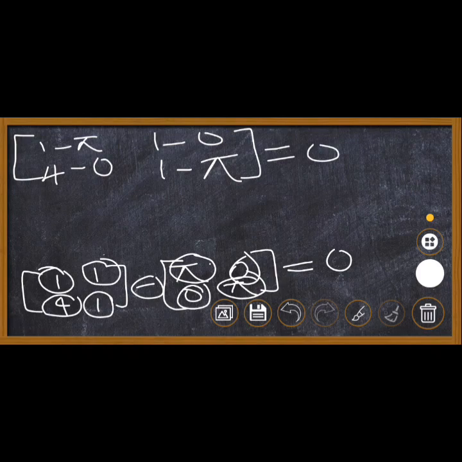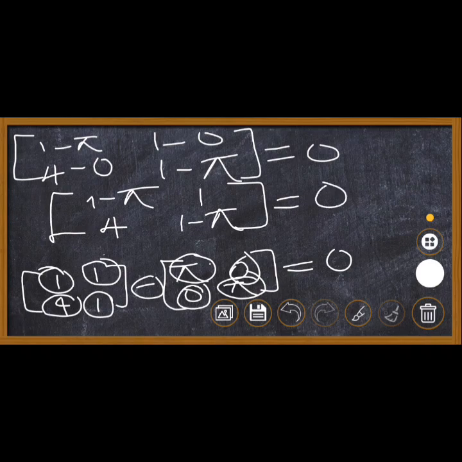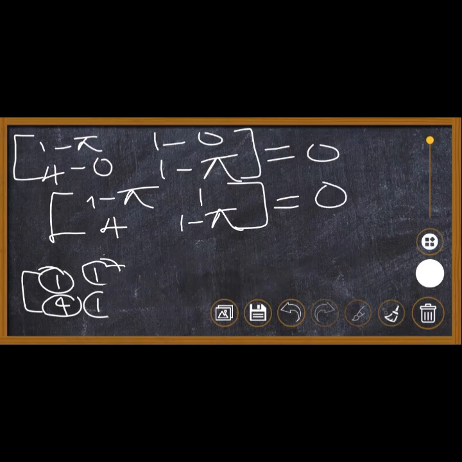Of course, in this case, this will just come out the way it is. And then 1, we subtract 0, we are going to have 1. And then 4, we subtract 0, we are going to have 4. Then 1 minus pi is just 1 minus pi, equals to 0. So let's wrap this to make space here so that we can work properly. So by now you understand how this is all about. So we can find the determinant.